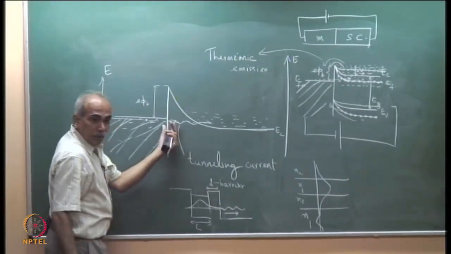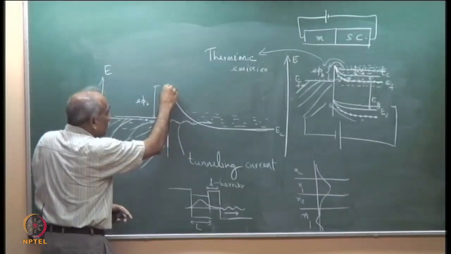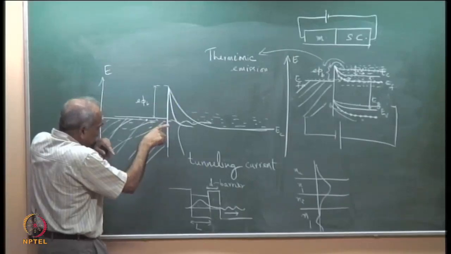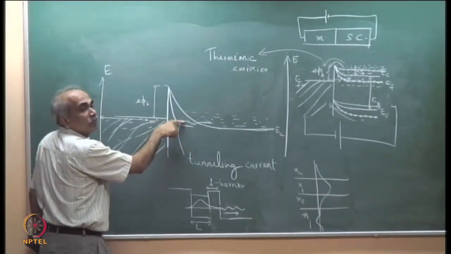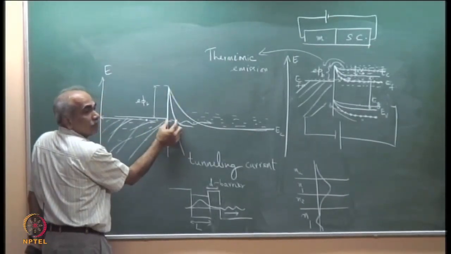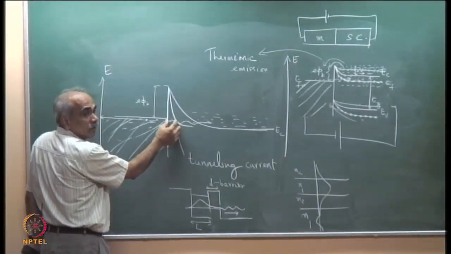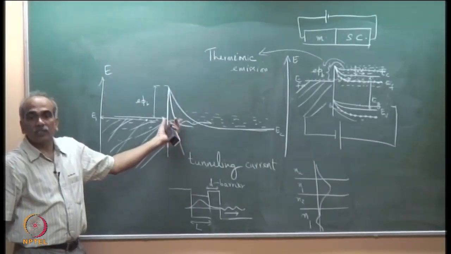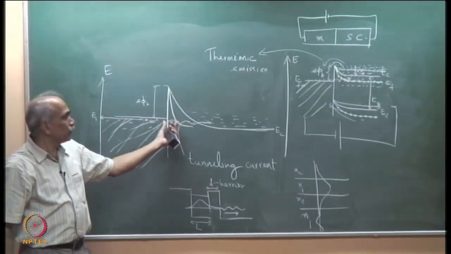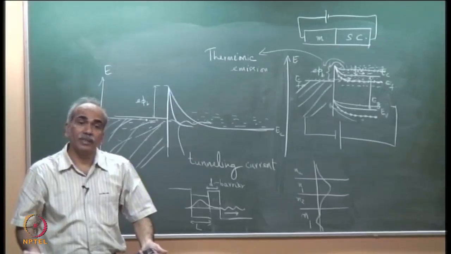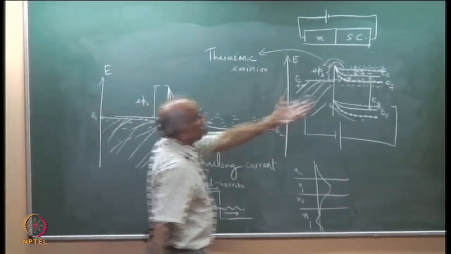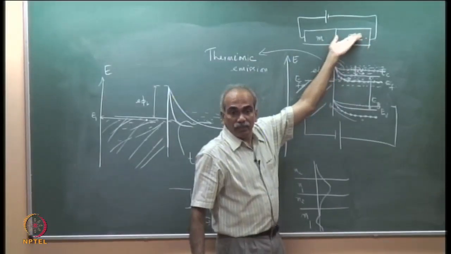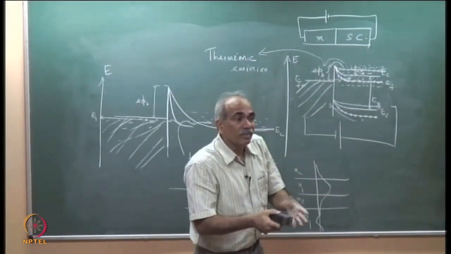So, how can I reduce the barrier width? By doping this semiconductor heavily. If you dope this semiconductor heavily, then the barrier width will be reduced.